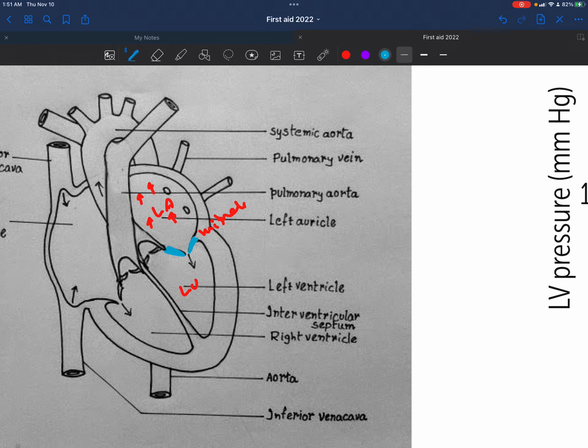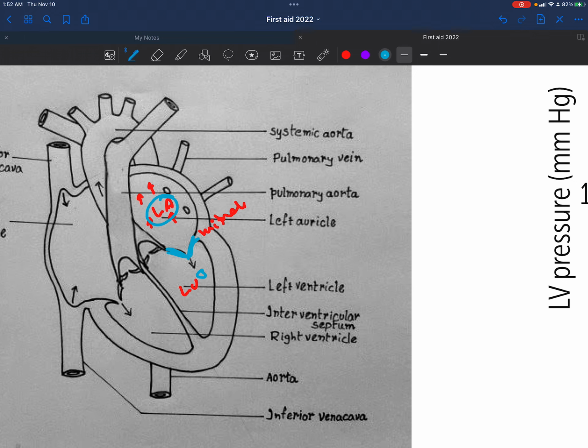Even though it's allowing some blood to flow through into the left ventricle, because it's stenosed, it's going to close really fast again. So it impairs the complete emptying of the left atrium into the left ventricle. There is some flow from the left atrium into the left ventricle, but that happens really fast because the stenosed cusps of the mitral valve are going to close really fast.